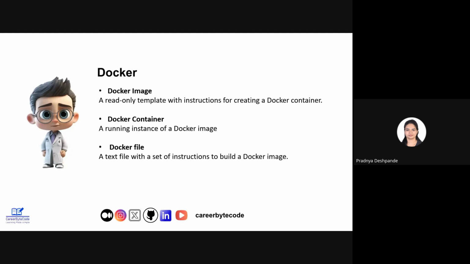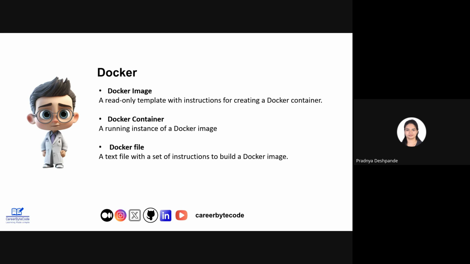When we come to Docker, these three terminologies are really important. Let me first go through the Docker image, what exactly it is. A Docker image is nothing but a read-only template, the instructions based on which the container will be created.